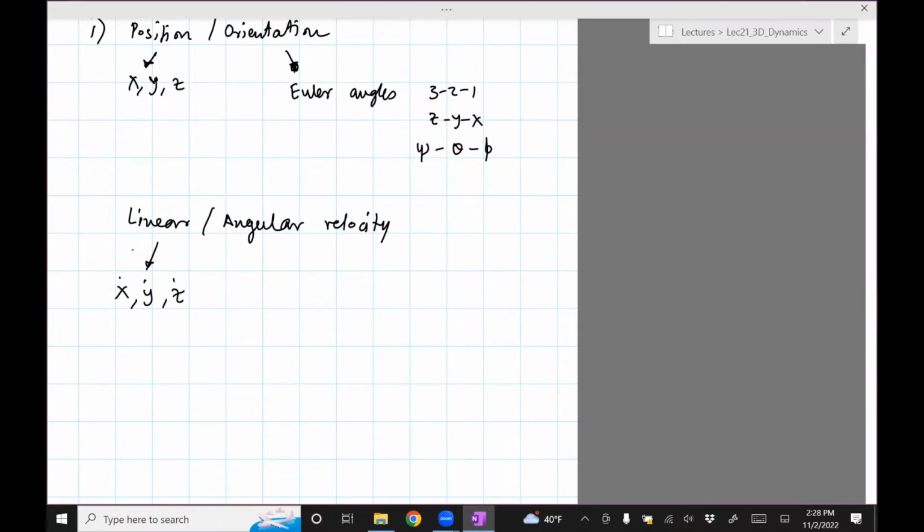Remember, we had talked about the rate of change of the Euler angles: psi dot, theta dot, phi dot. But I told you that those rates are not really the angular velocity of the object. To get the angular velocity, we had to use that equation. If you remember, R dot equals S times R, and that gave us the angular speed.